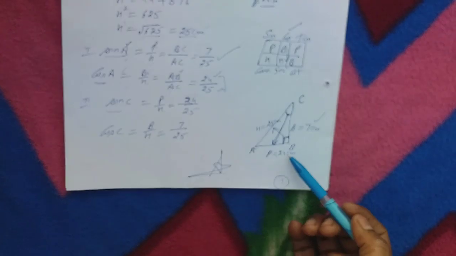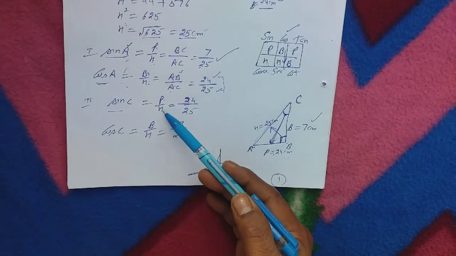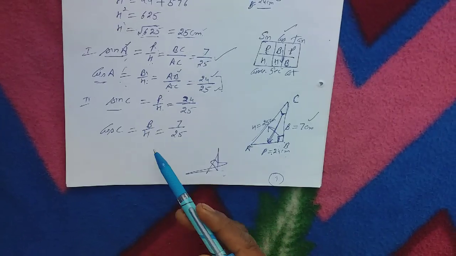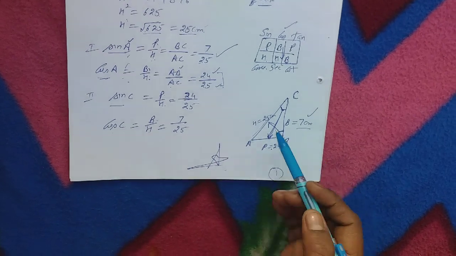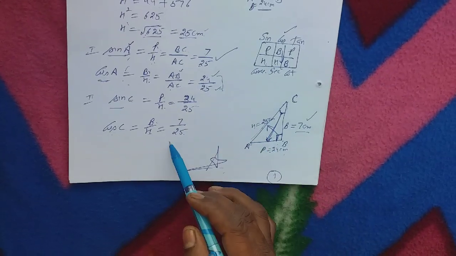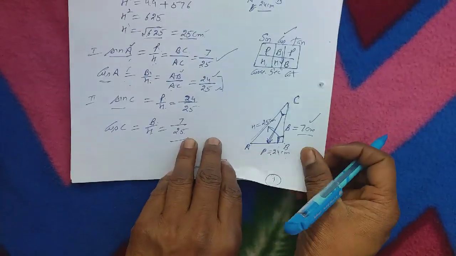So P here is 24, H is 25 again, and in cos C, B by H, B is 7 and H is 25. So the first question is complete.